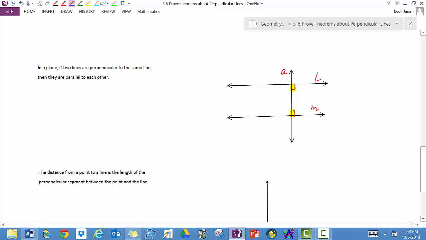So we are saying if L is perpendicular to A and M is perpendicular to A, then L is parallel to M.